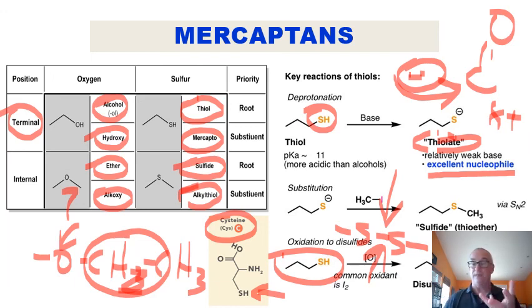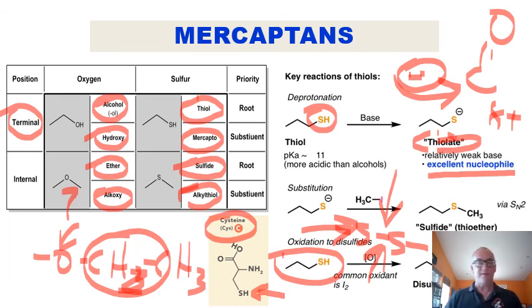And then us in the lab, when we want to study a protein, we want to break it apart, one of the things we will add is another thiol to reduce these bonds and break them apart. That way we can break the protein apart and get in there and clip it up into pieces and do whatever reactions we want.